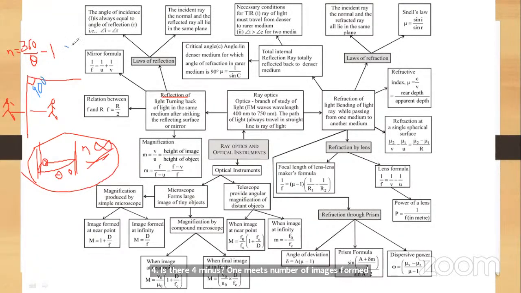So how will the images be there? One image is here, and another one is here, another one is here, and another one you can observe exactly at the meeting point here also. So that will be the 3 images that you can observe when you are looking into the mirrors.